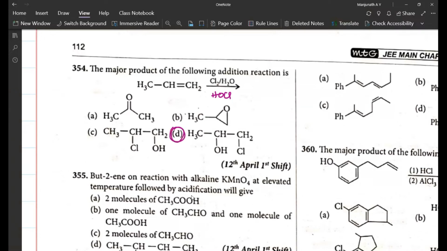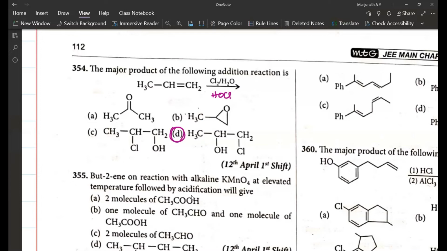Who said option D? Naman. No, I said option B, sir. Why? Sir, because you told us if two electronegative groups are there, then they undergo elimination. Oh, but they are on adjacent carbons, no?